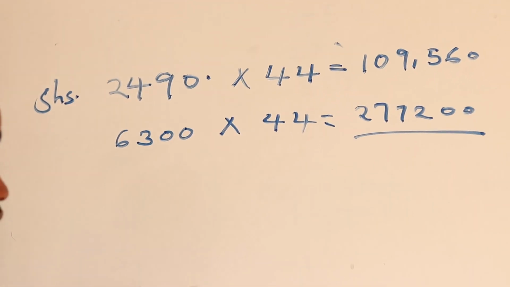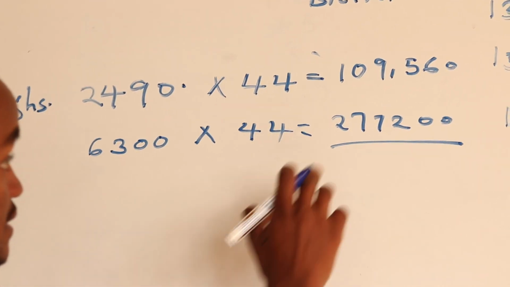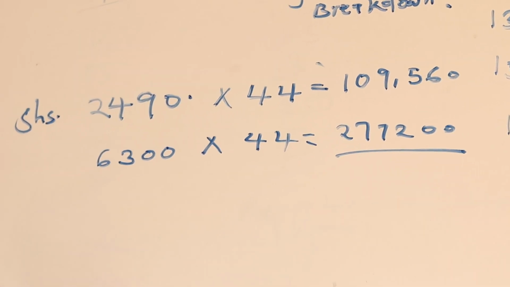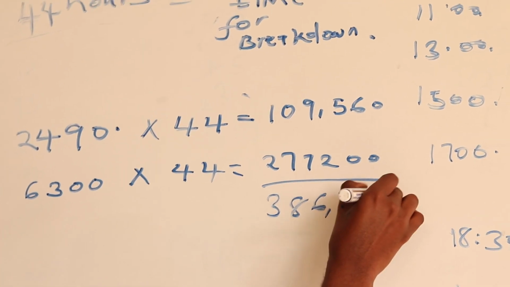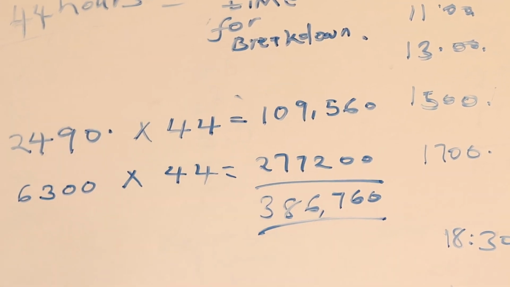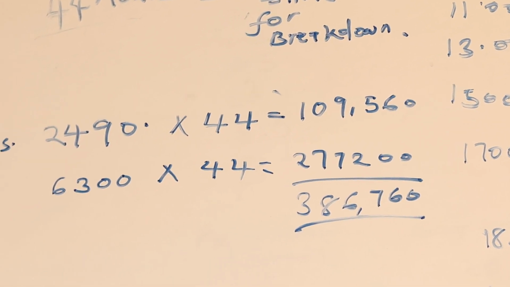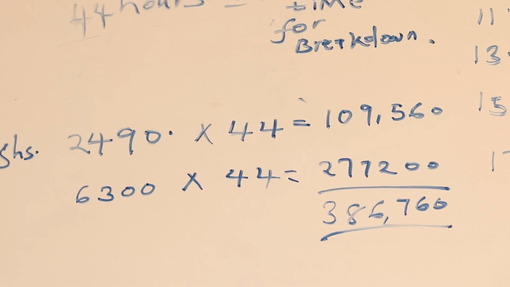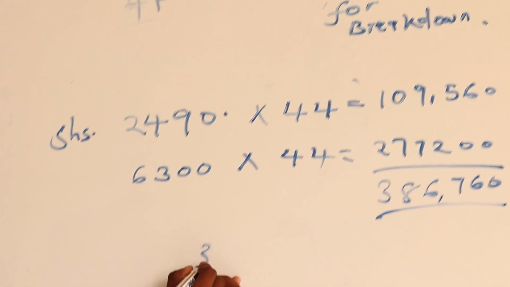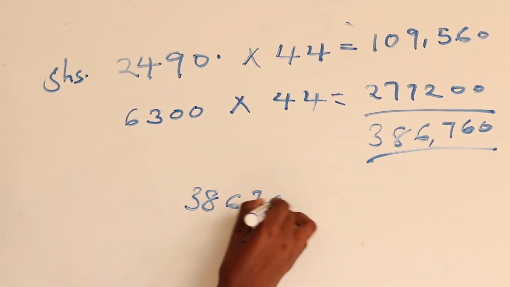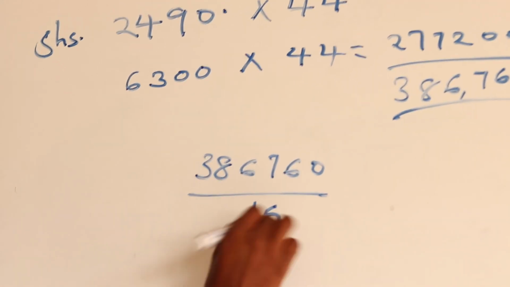So when we take 109,560 plus 277,200, we get 386,760. So this is the total cost, both for the charge of the engineer and the purchasing power from a competitor. So in order for us to find the average cost per generator, we'll take 386,760 divided by the number of generators that we simulated, which is 15.